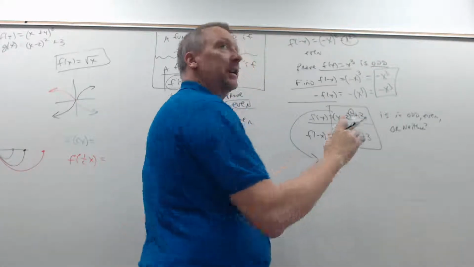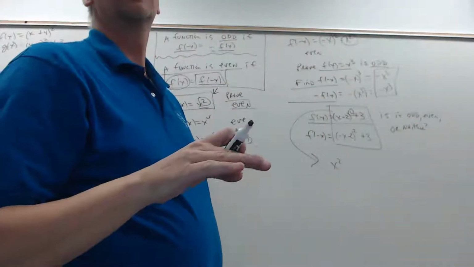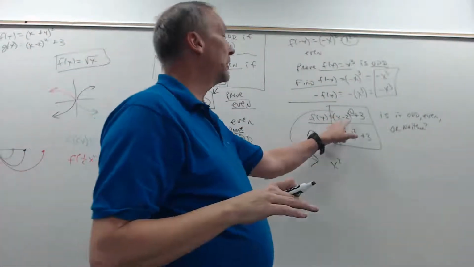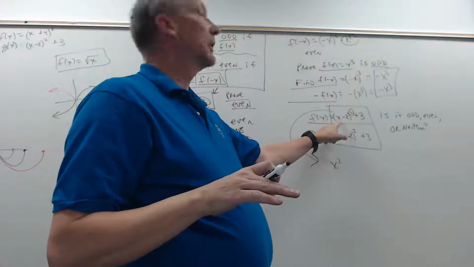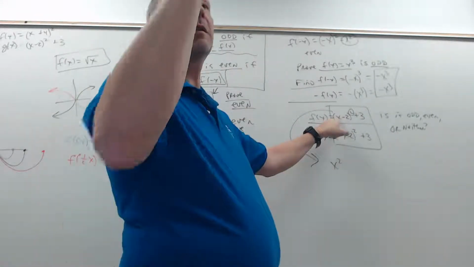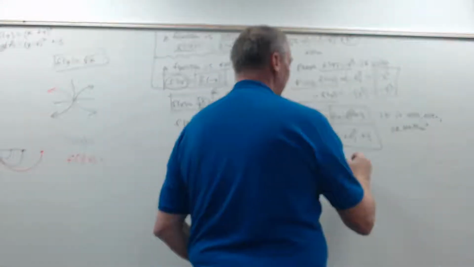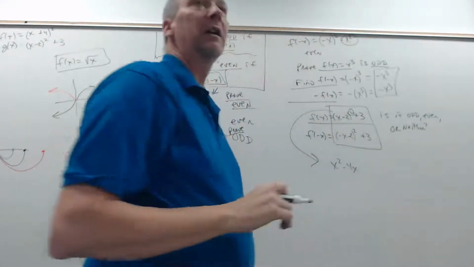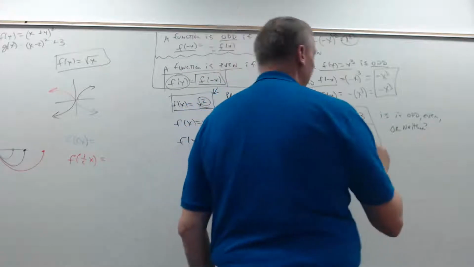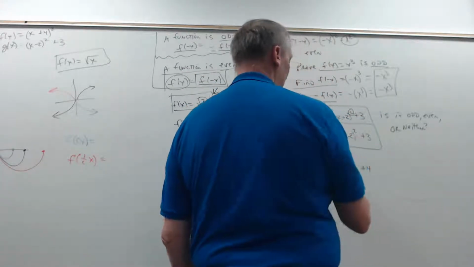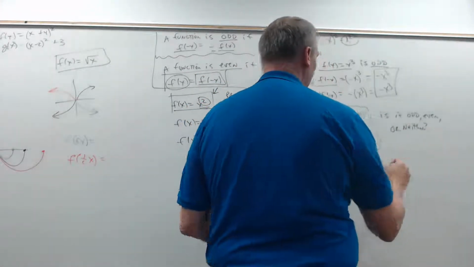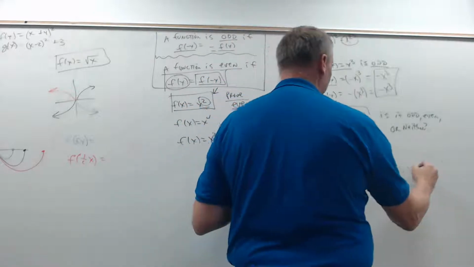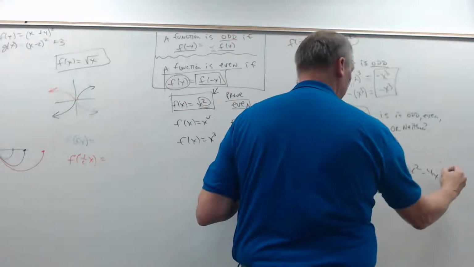Negative 2 times x is negative 2x, double that, negative 4x. What's negative 2 squared? Positive 4. Plus 3. So if I FOIL this out, this becomes x squared minus 4x plus 7.